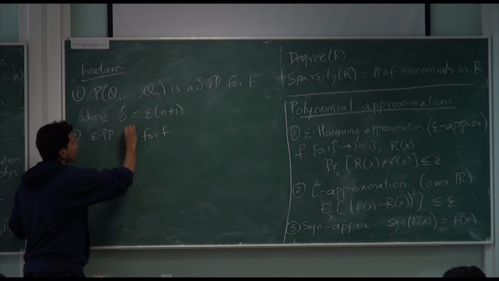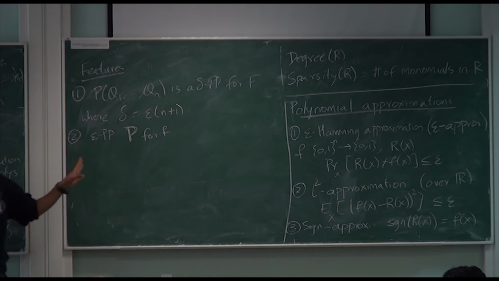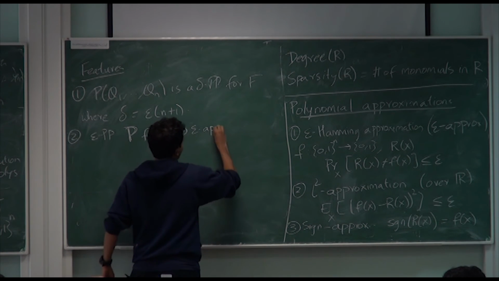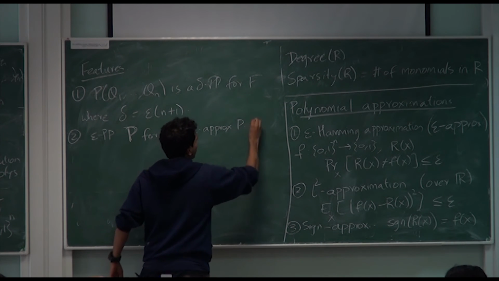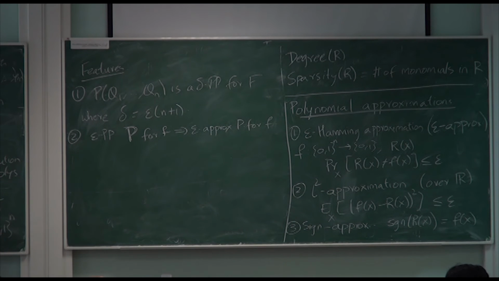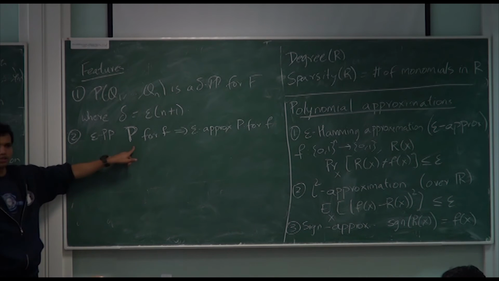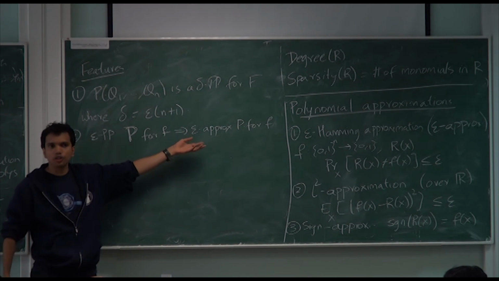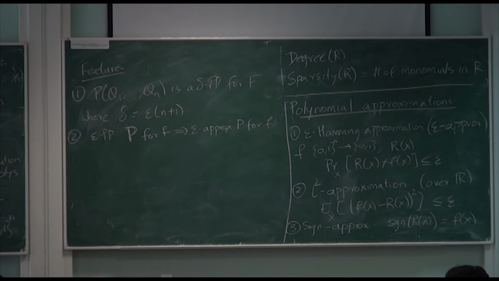If I could, I would represent p in bold font. Because when I'm choosing inputs uniformly, at every input most of my samples are good, so there's going to be one polynomial in the support of my distribution that is good for at least a 1 minus epsilon fraction of inputs. So by an averaging argument I can always get a single polynomial p that's an epsilon approximation for f.